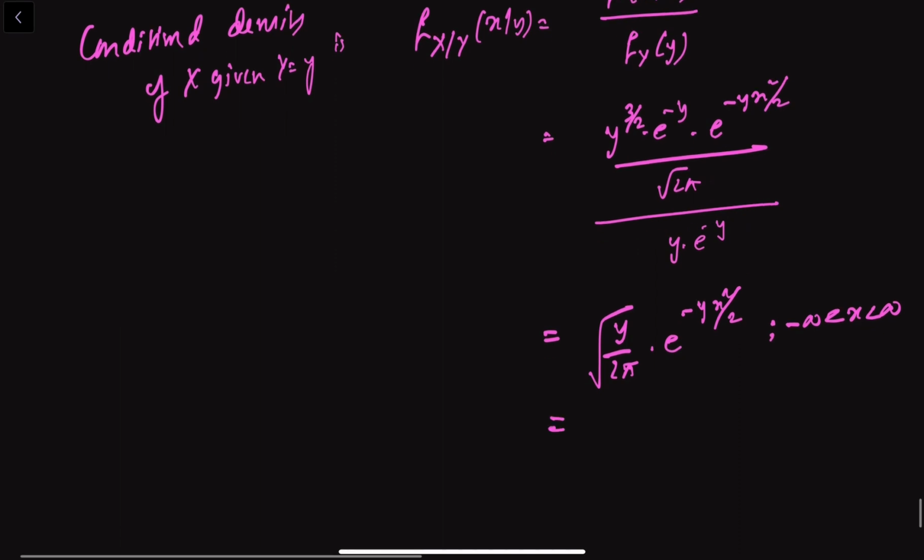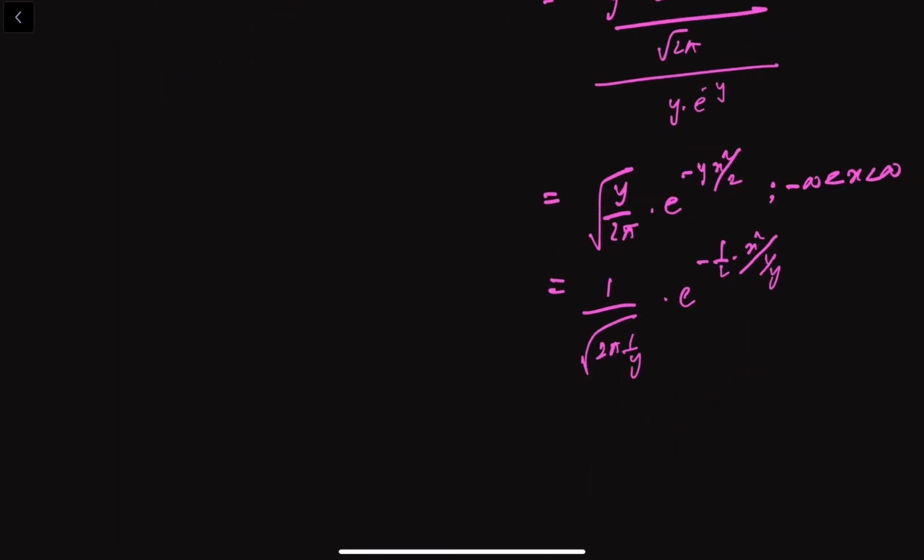We can see this as 1 by √(2π) into 1 by √(1/y) into e^(-1/2 x² by (1/y)). So this is nothing but a normal density. So x given y equals y follows normal with mean 0 and variance 1 by y.